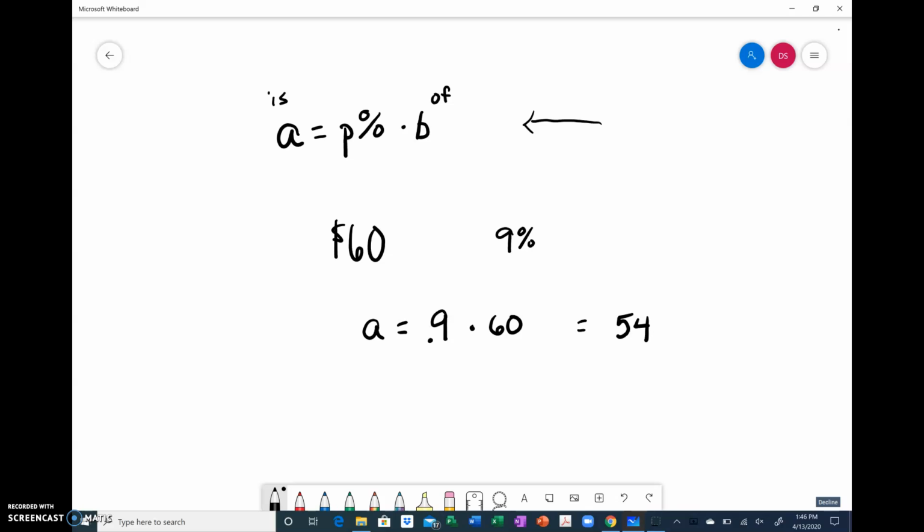Make sure that your answer makes sense, okay? So a salesperson receives 9%, that's not even 10%, of the sale of shoes, in this case $60. So does it make sense that $54 would be 9% of $60? It's almost $60.